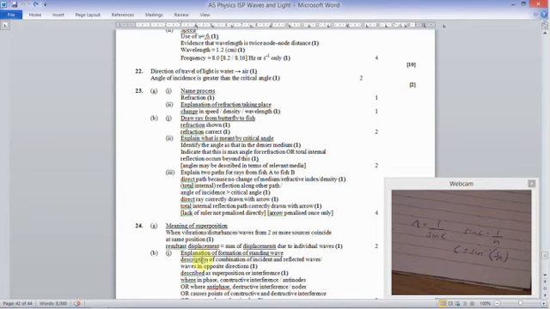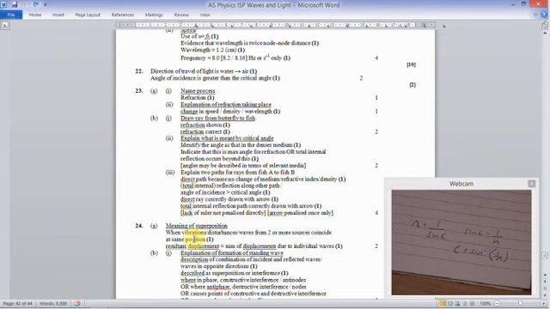That's a definition I've given you in class, so look back at your definition of superposition.